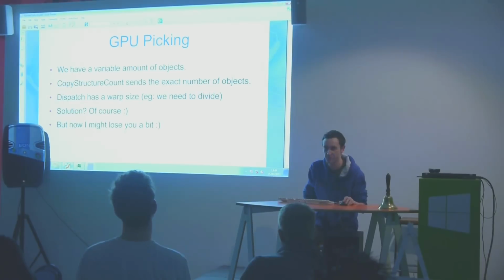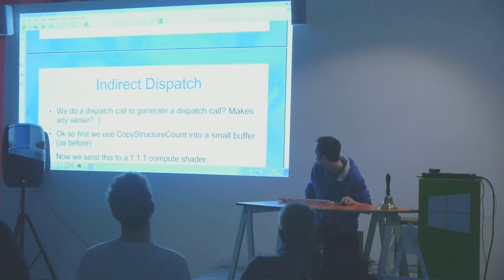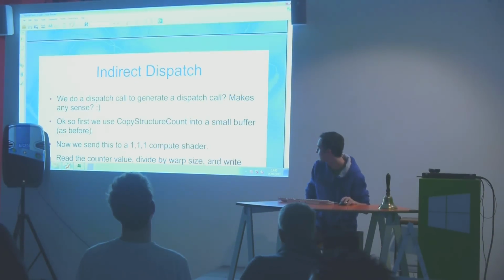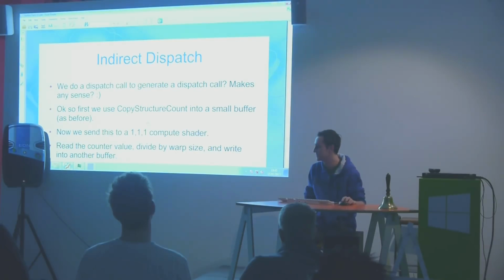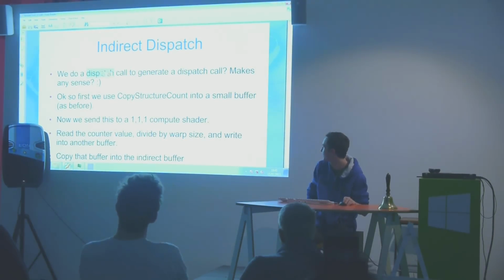There's of course a solution, but I might start to lose you a bit now, if I didn't lose you already. We're going to use a technique called indirect dispatch. When we do a dispatch call, it's when we process a shader, so we're going to do a dispatch call to generate a dispatch call. Does it make sense?